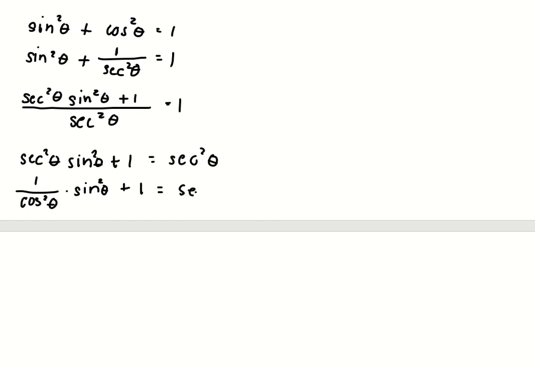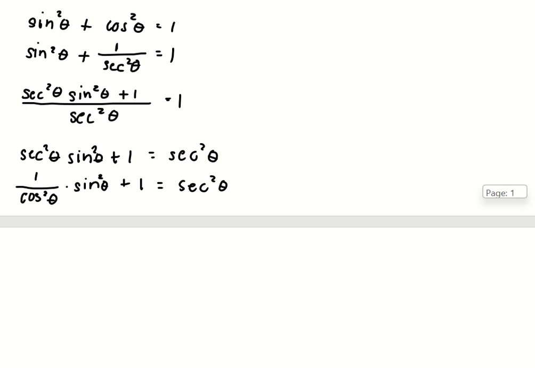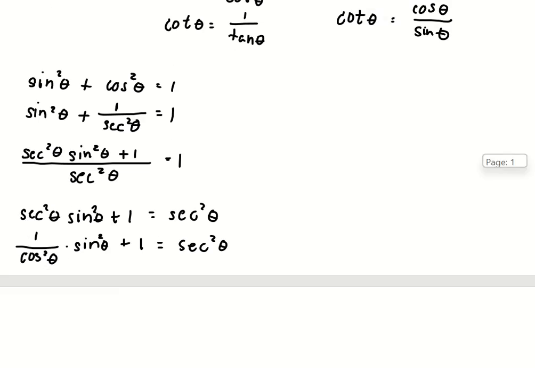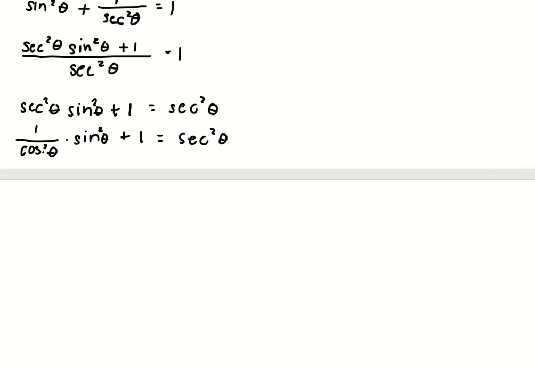equals secant squared theta. And we know that sine over cosine is tangent based on the ratio identity. So sine squared over cosine squared is tangent theta squared plus 1 equals secant squared theta.